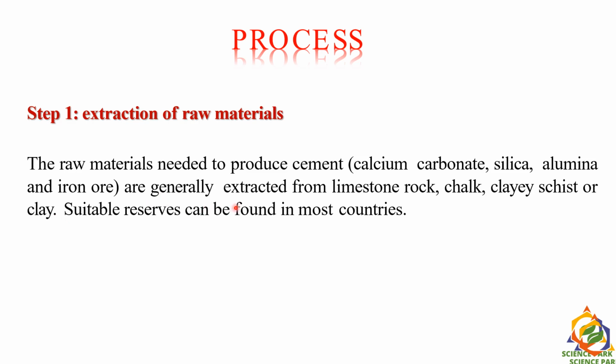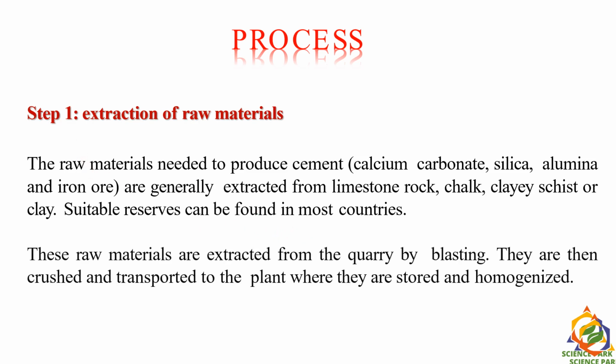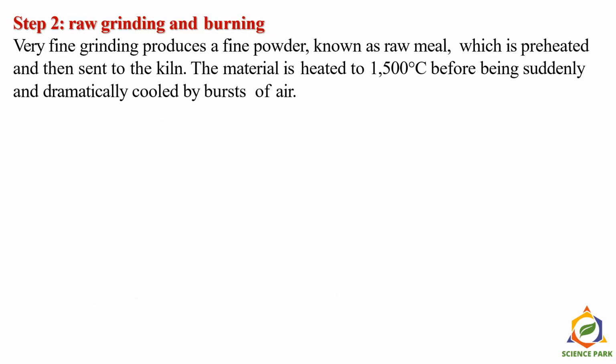They are generally extracted from limestone rock, chalk, clay or shale. Suitable reserves can be found in most countries for extraction of these raw materials. These raw materials are extracted from the quarry by blasting. They are then crushed and transported to the plant where they are stored and homogenized.